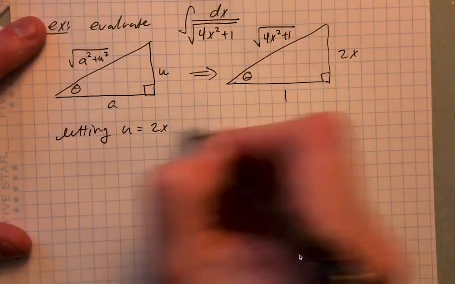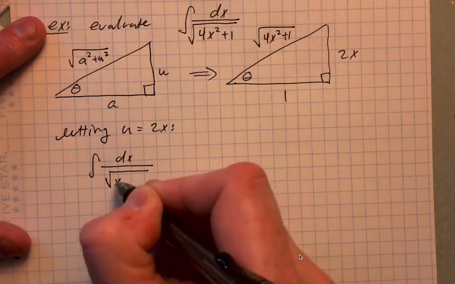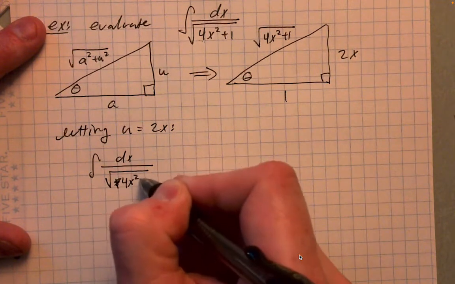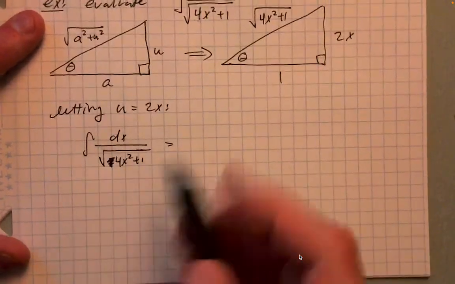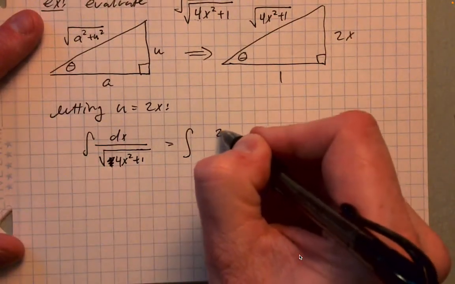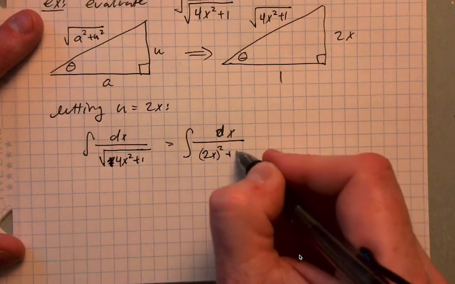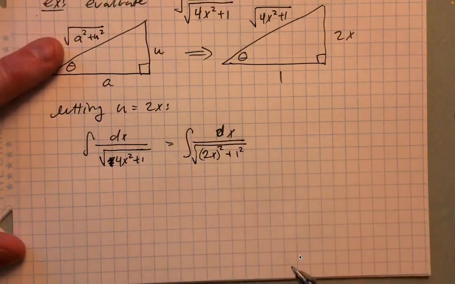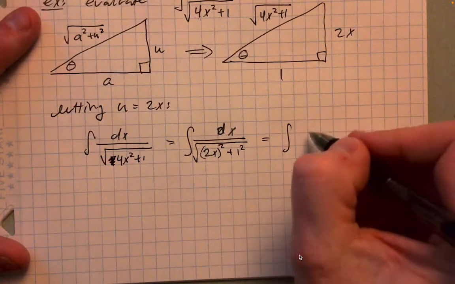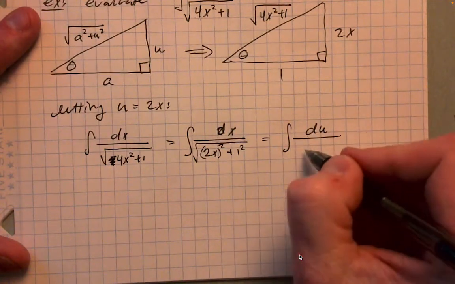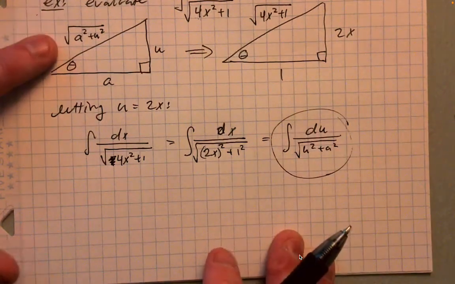We've got dx over the square root of 4x squared plus 1. Just rewriting that slightly to make it obvious what's going where: I'd have 2x, that quantity squared, plus 1 squared. So that's where your du form comes in. Okay, so that's how we'll proceed.